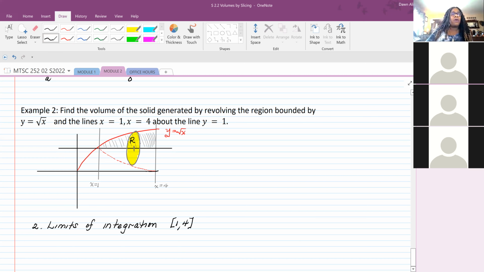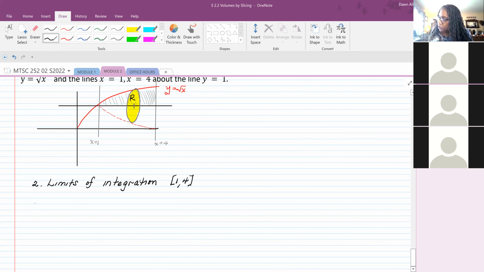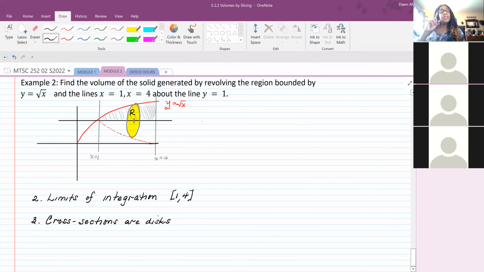Okay, so first off, we already know our cross sections are discs. That doesn't change for these problems. Okay, so we need to find the area of the disc, and that means we need to find the radius. So let me get rid of R because that looks like it could be radius and I don't want it to be.